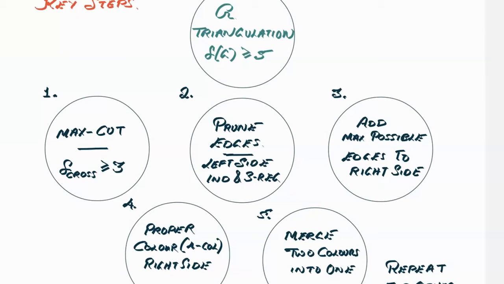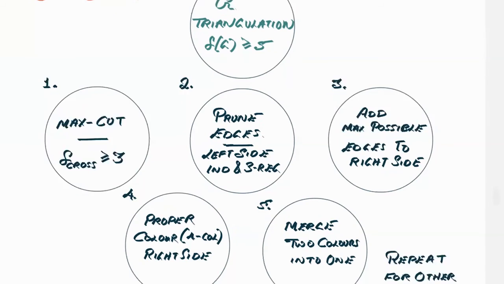Now you prune the edges, adding extra edges to the other side so that every vertex on the left side sees a triangle, then do a proper 4 coloring and a color merger, and then repeat it on the other side. Feel free to ask me if this process is not clear. We are going to extend this process.